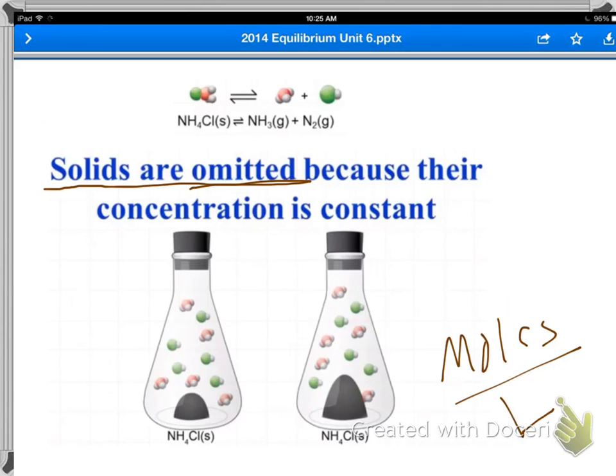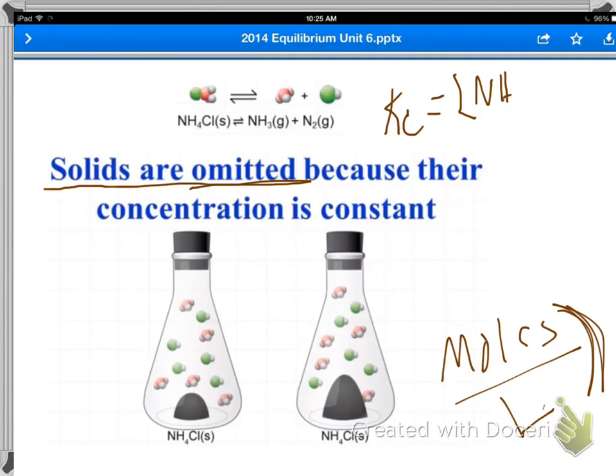More liters of it. So they change in a proportional way to each other, so we can leave them out of the expression.